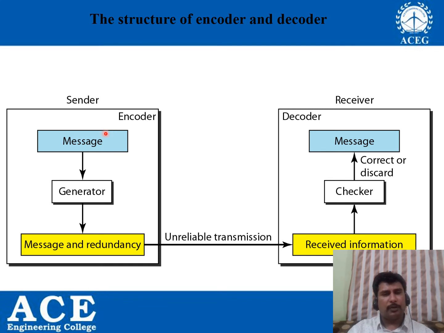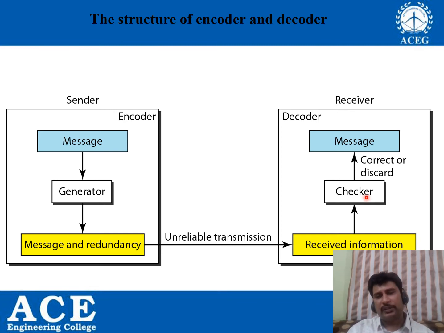Let us look at the simple process where you have the message, which is called data, and using this existing message we generate some redundant bits, and after generating the redundant bits we combine the message along with the redundant bits and send it to the receiver. Okay, now at the receiver we receive the data, which is a combination of message plus redundancy bits. From this, we verify if there is an error generated during the transmission or not.